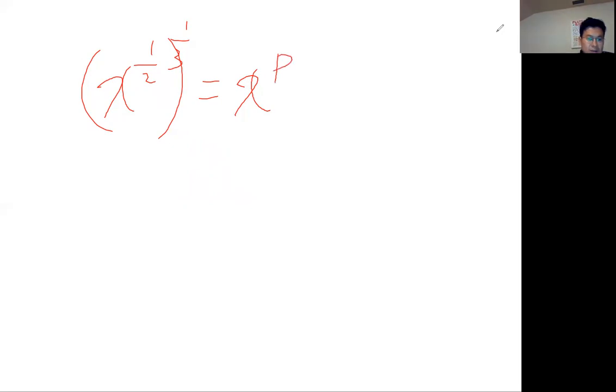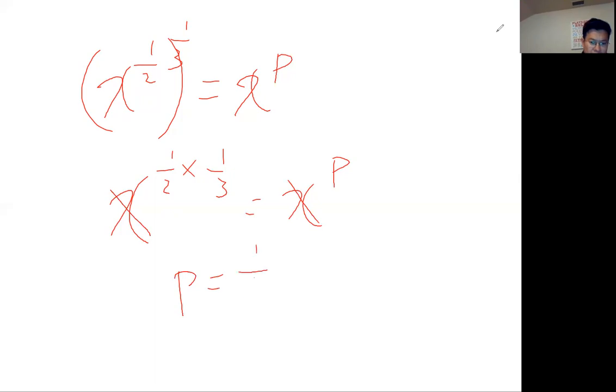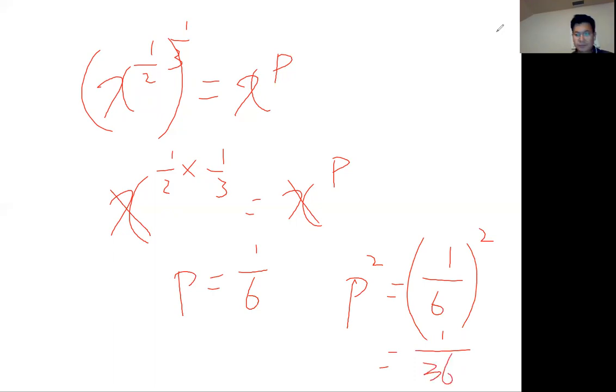If you think about the parentheses, which is multiplication, we put x to the 1/2 times 1/3, that is x to the p power. Then simply p has to be 1/6. But the question is asking about p squared, which is 1/6 squared, so 1/36.